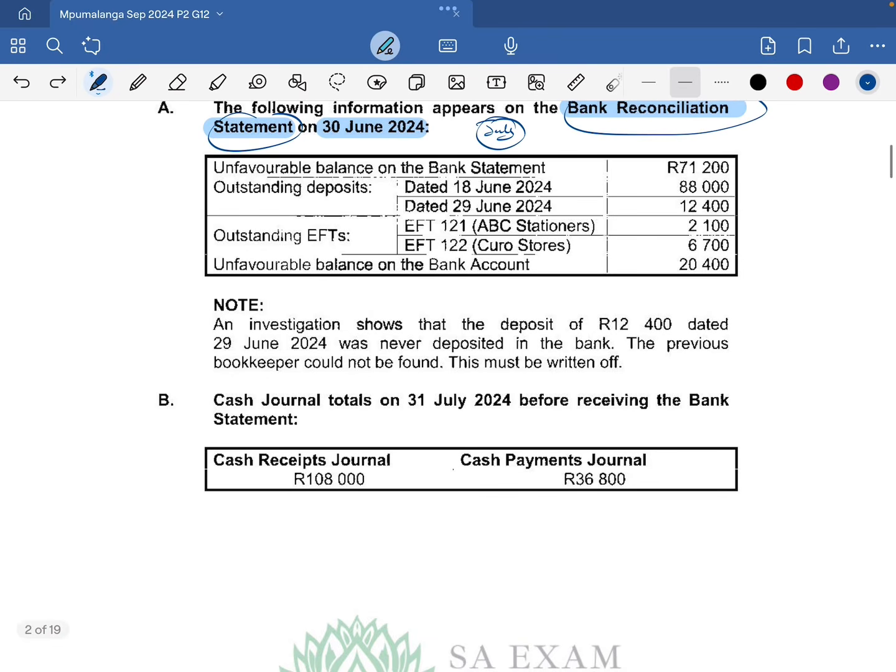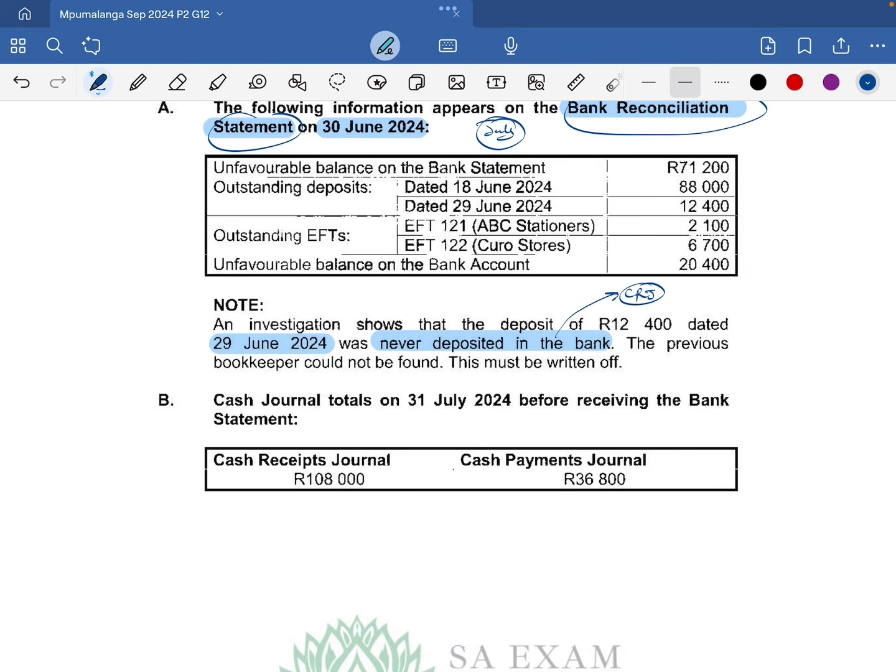So the note says an investigation shows that the deposit of 12,400 dated 29 June 2024 was never deposited in the bank, right? So on our side, we would have said this is a receipt. We're putting it into our CRJ, we are receiving cash, but now the bank comes back to us and tells us, no, this was never deposited in the bank, so the previous bookkeeper could not be found. So this person ran away with the money, and then this must be written off.